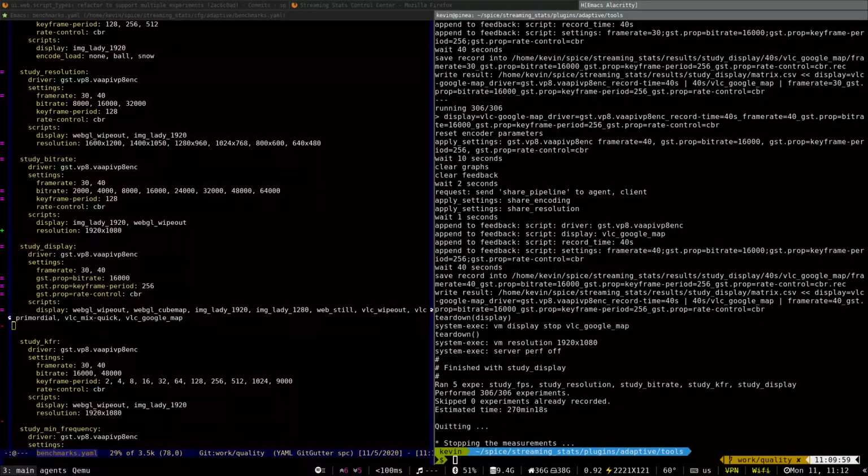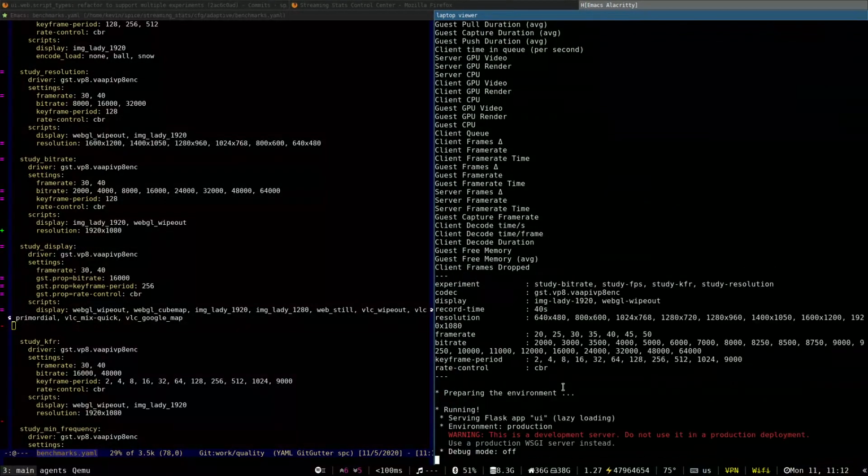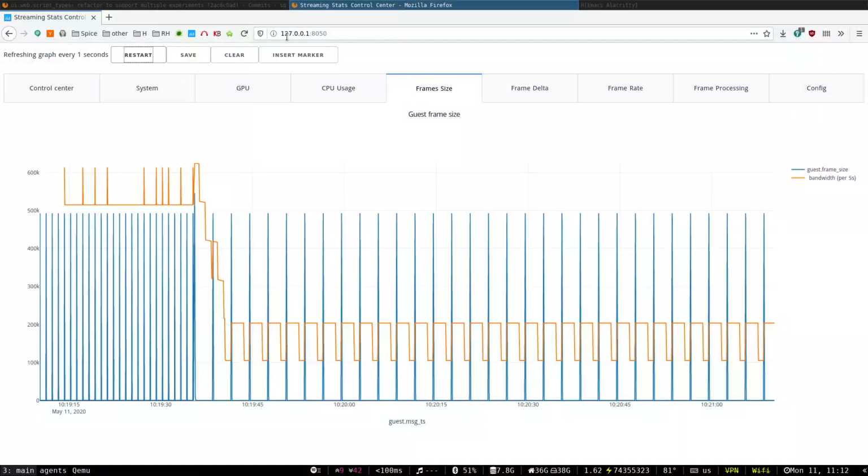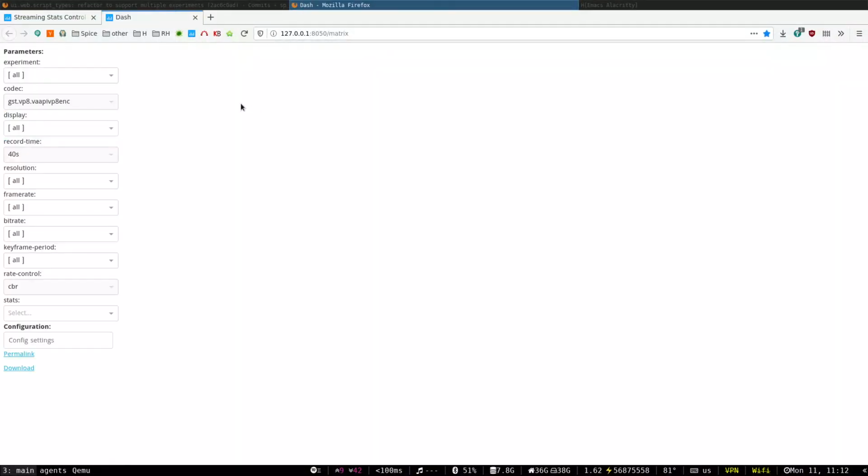Now, once the experiments have been recorded, we can launch the viewer mode of the tool. And we've got all of these experiments loaded in memory, and we can have a look at the matrix visualizer interface.